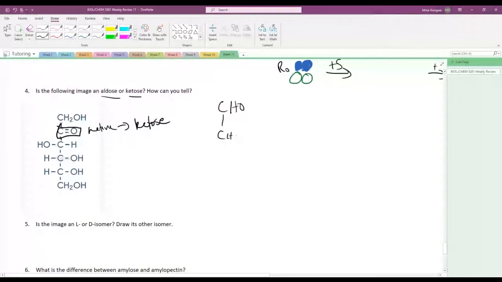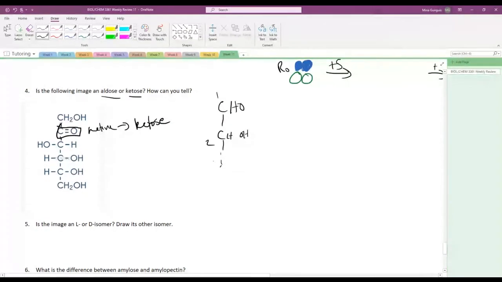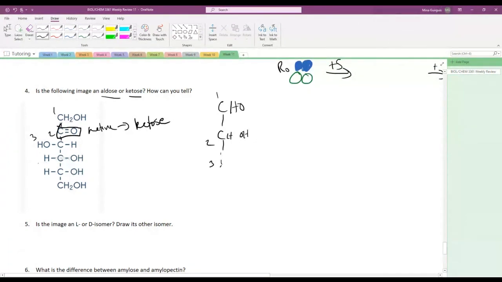CHO and then CHOH, etc., all the way down. This is carbon number 1, this is carbon number 2, 3, and so on. Ketoses are similar, except we don't have a carbonyl on the end, so we can't name it 1. We pick the side closest to the carbonyl.